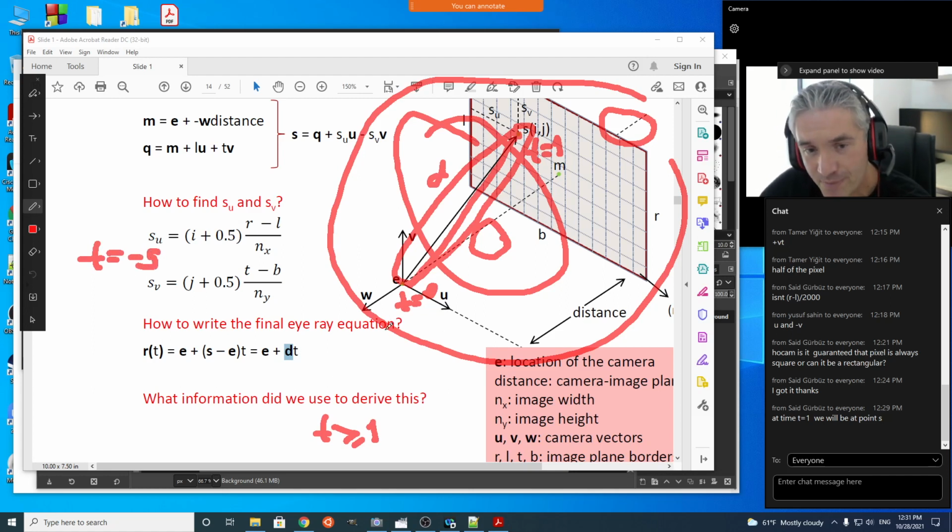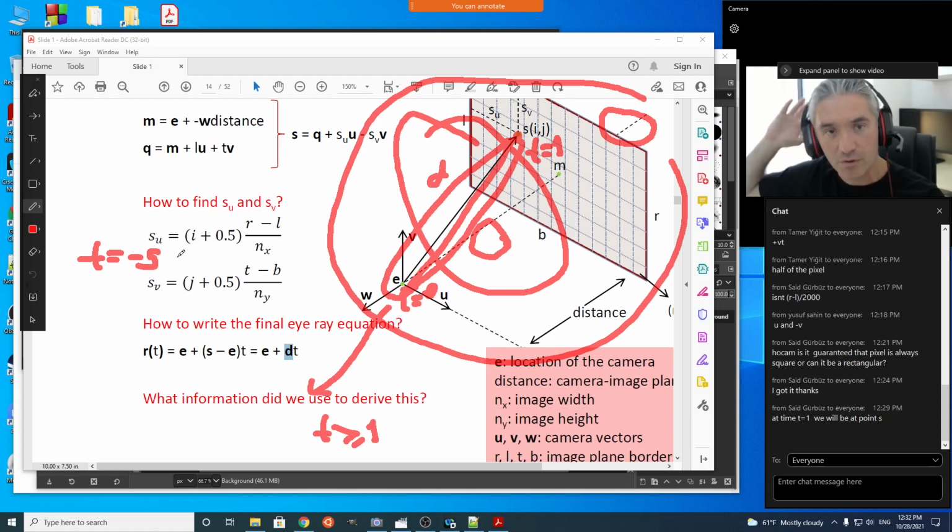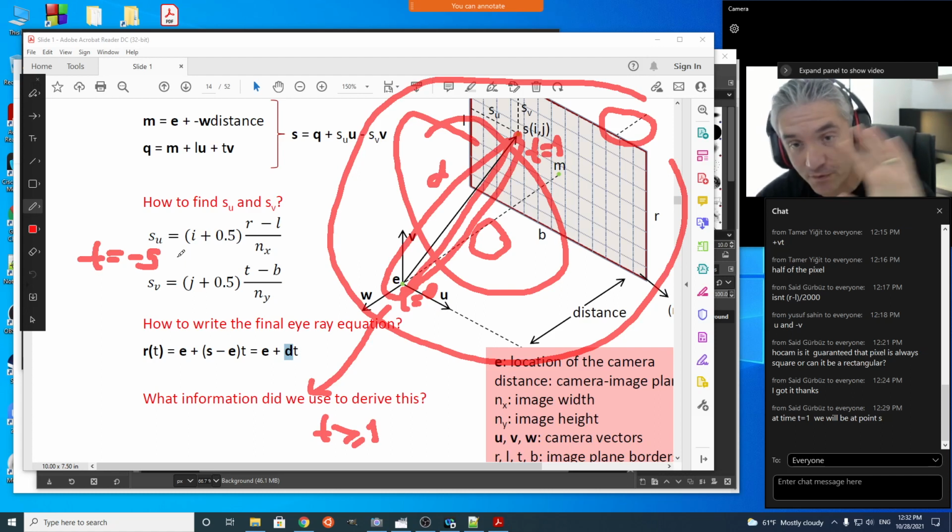What does it mean? It means that the object your ray intersects with is behind the camera, right? Obviously you don't want to see behind your eyes, behind your head. You want to see whatever you have in front of you, in the direction of your gaze.